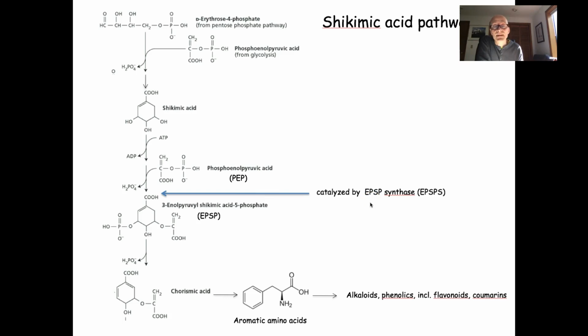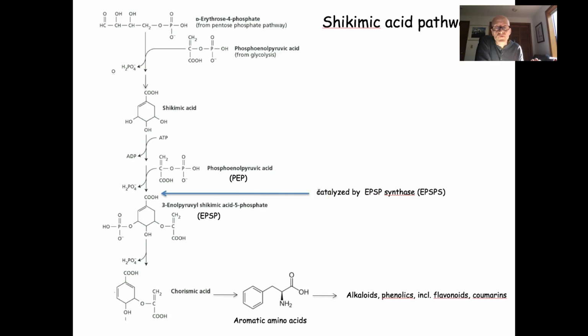If you have a plant that is herbicide resistant, it's because this enzyme has changed in its structure slightly so that the herbicide doesn't affect it anymore. And the herbicide that I'm talking about is Roundup. So the first Roundup Ready crops that were made had a mutation in the EPSP synthase gene.